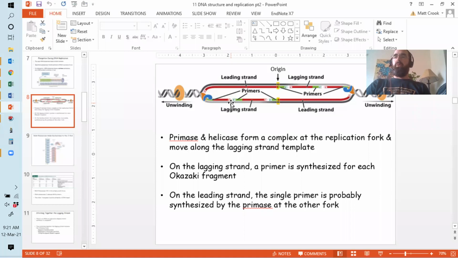But it's in the backbone. If you look ever so closely, with better eyesight than I have, you'll see there's a little 3' there. So there's an OH there at the bottom of the last sugar, and there's a phosphate group, 5' here, attached to the first sugar of that primer, so this backbone is not joined together.